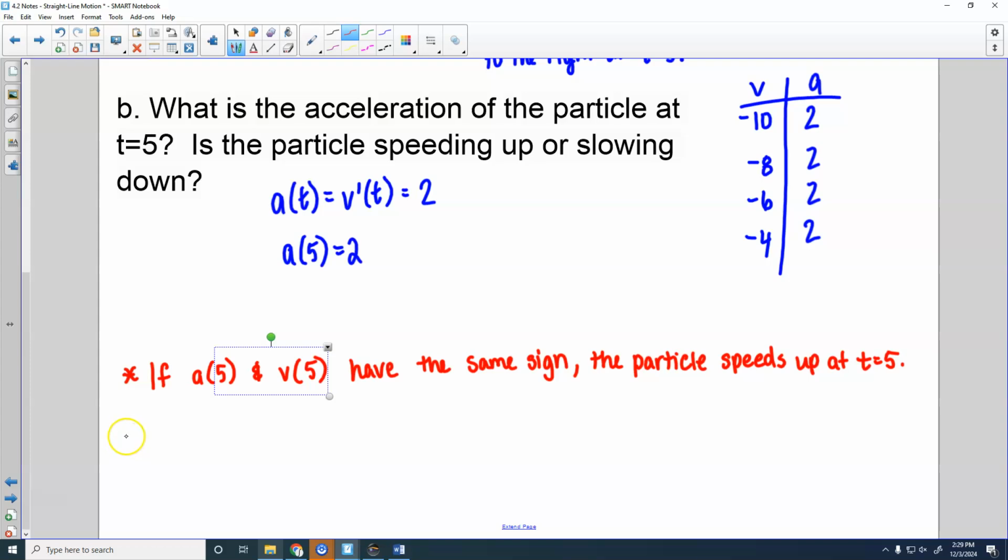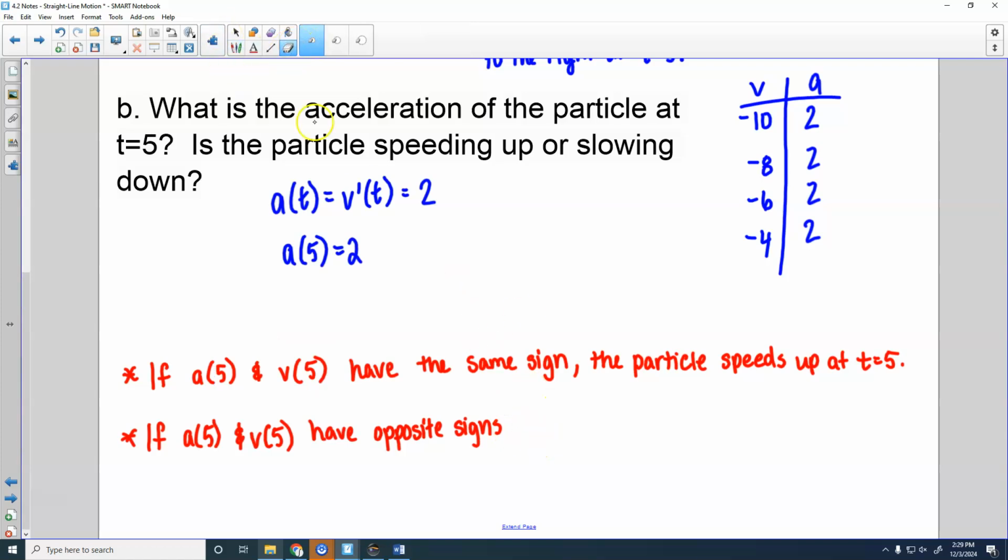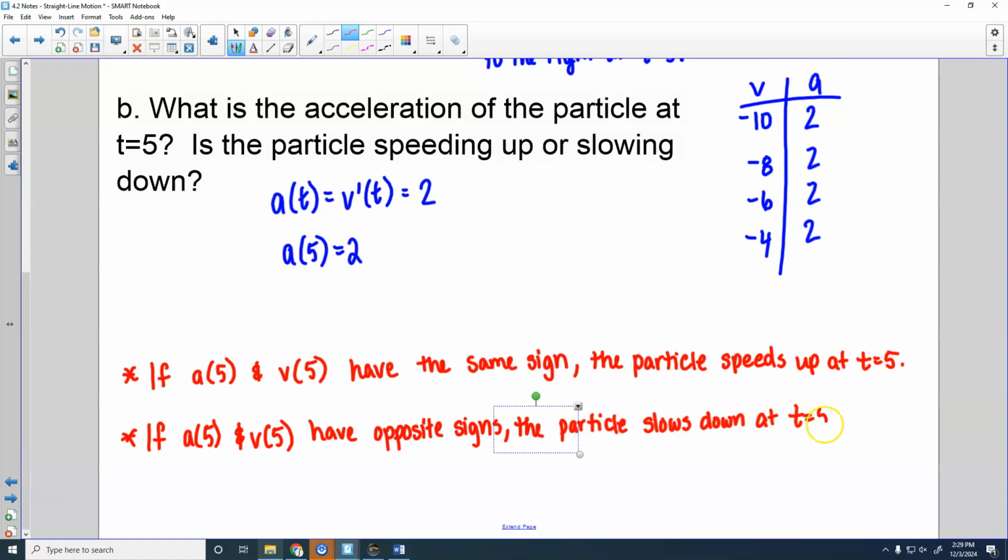And if A of 5 and V of 5 have opposite signs, the particle slows down at t equals 5.